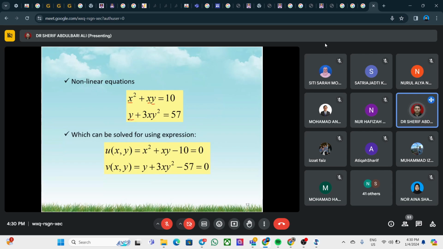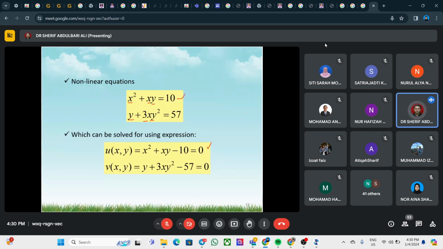What's the value of x and y when you substitute into these two equations? You're going to find the value is equal to 0. So when you solve nonlinear equations to find the value of x and y, you cannot work with each equation individually by itself.